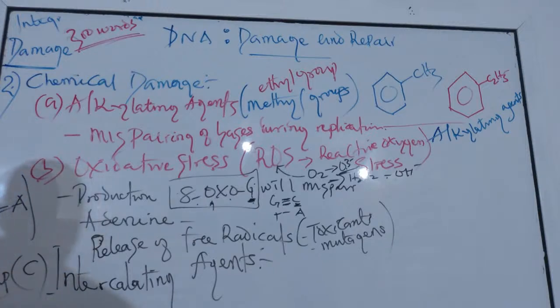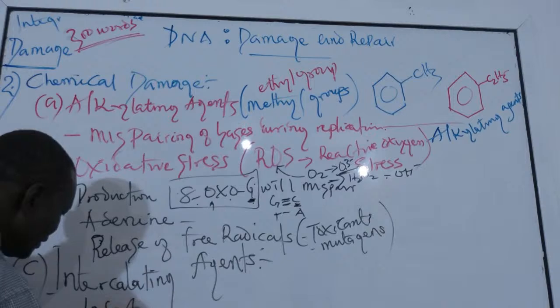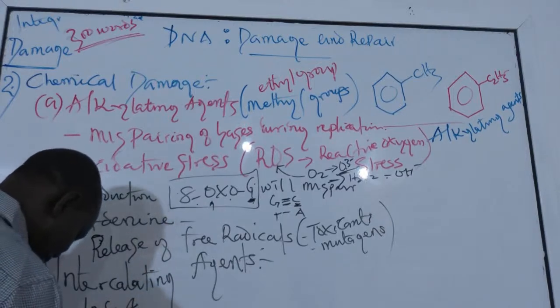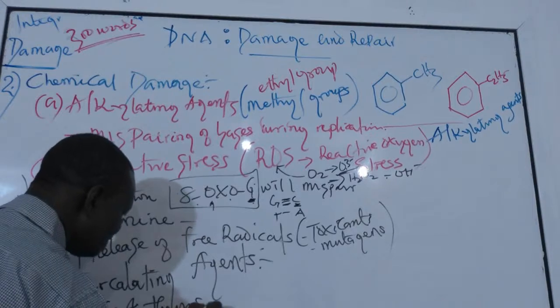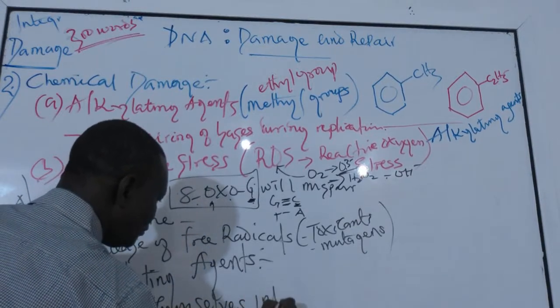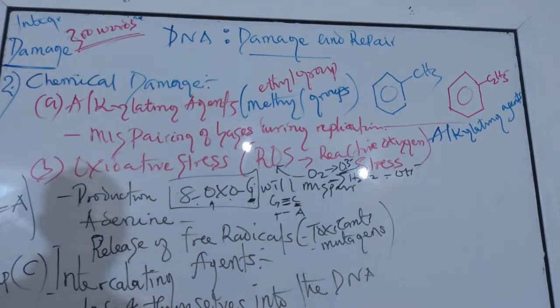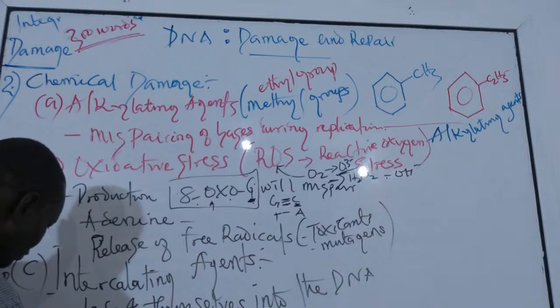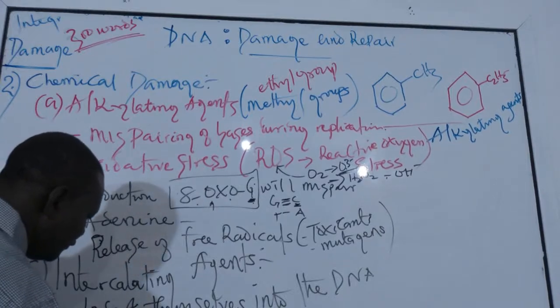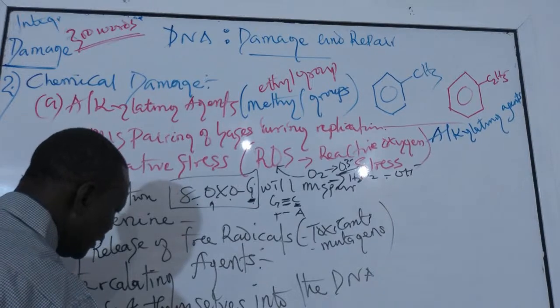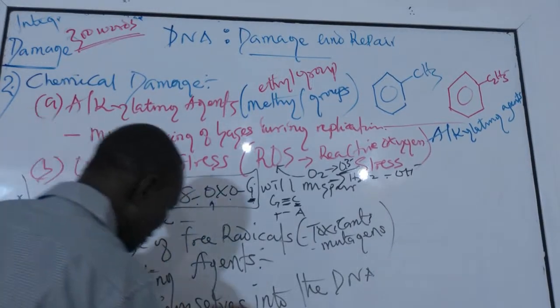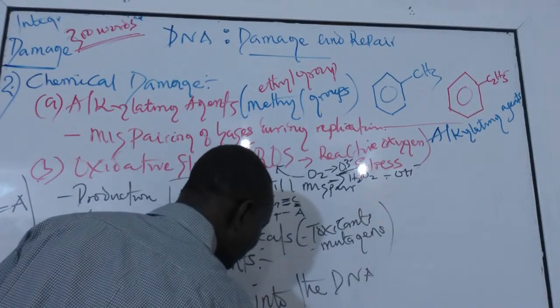These intercalating agents insert themselves into the DNA. They wrap themselves into the DNA, leading to frame shift. You now know what a frame shift mutation is, leading to frame shift mutation.